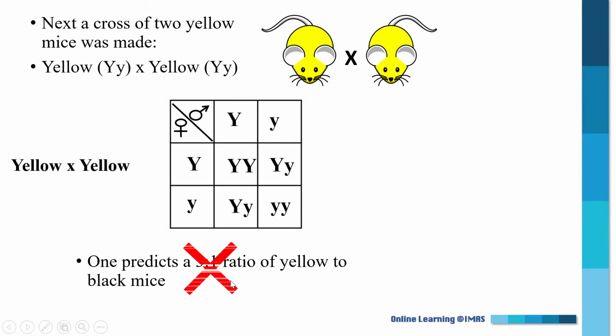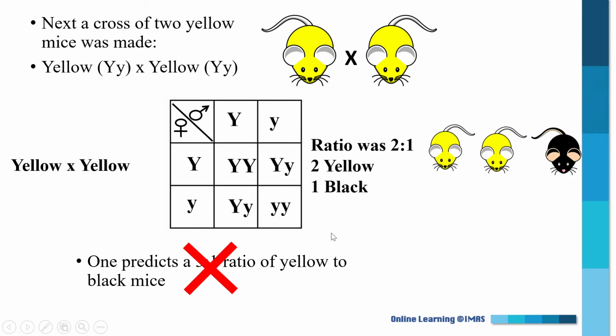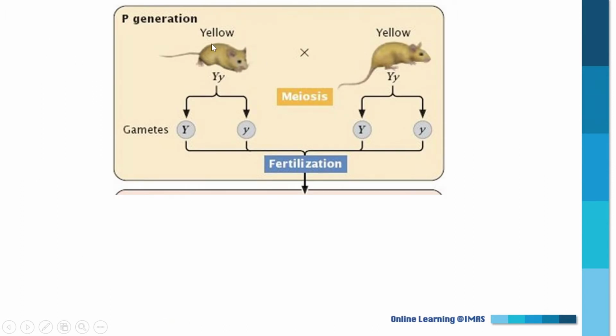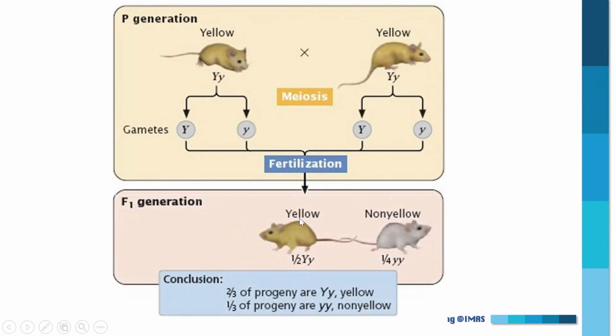But again, they couldn't get this ratio. The ratio they got is actually 2 to 1. From here they suggested that the homozygote dominant capital Y actually dies. So when you do this crossing they got only 2 yellow to 1 black, instead of 3 to 1.